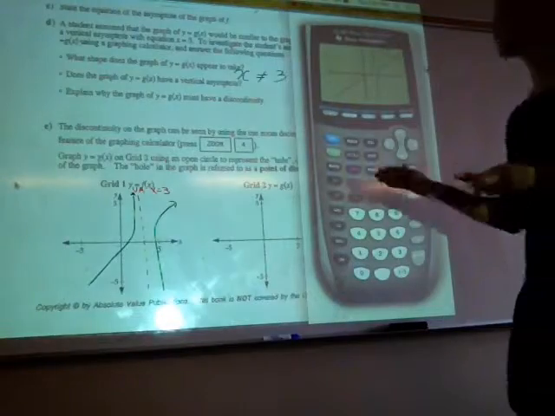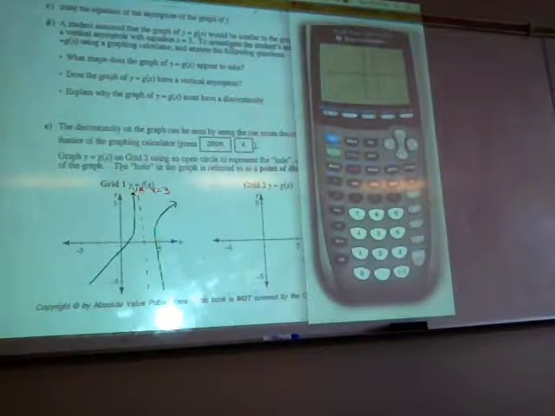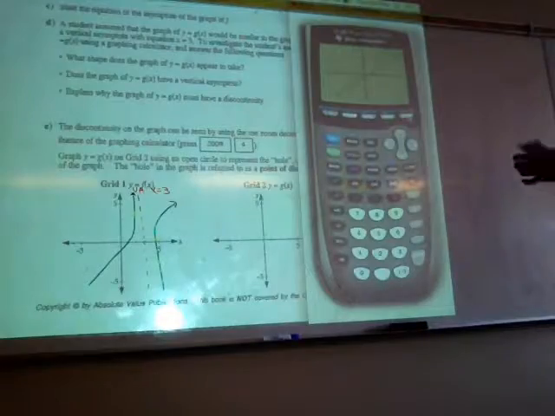Okay, now let's graph the second function. So we have x squared minus 4x now plus 3. That was the only change. And it's taking on the shape of a straight line.